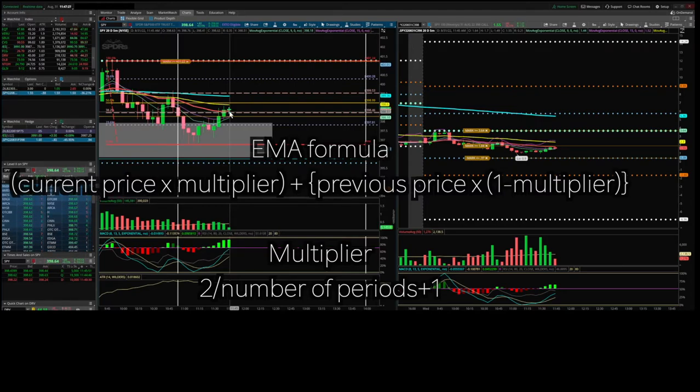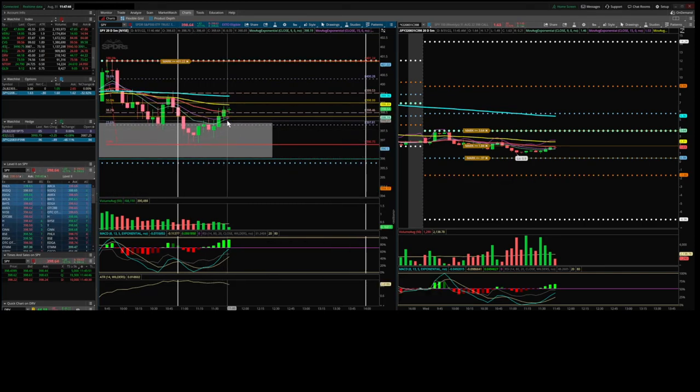Multiplier is 2 divided by the number of periods plus 1, so if this is 9 EMA, 9 plus 1, plus the previous one times 1 minus the multiplier. So it weighs right before, so it tracks a little bit smoother, I guess. But anyway, we use that to check the range.